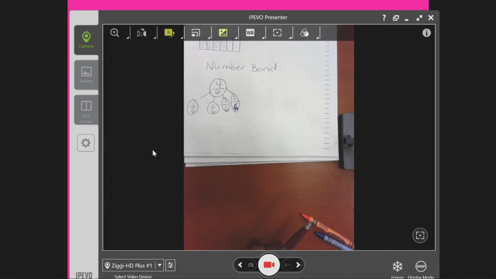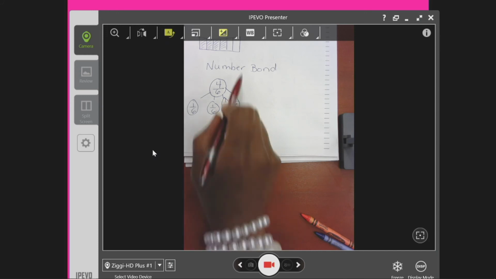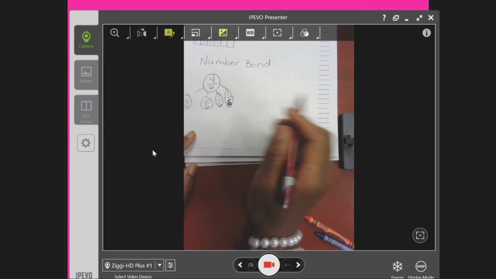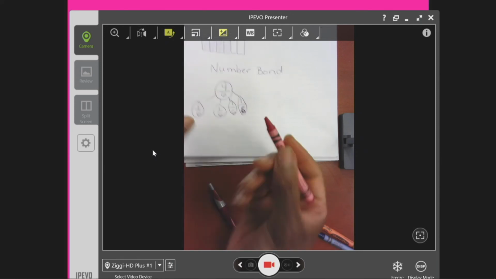Let's try decomposing it a different way. Take a look at the model. Think. Now say, very good. Yeah, we could do it like this.